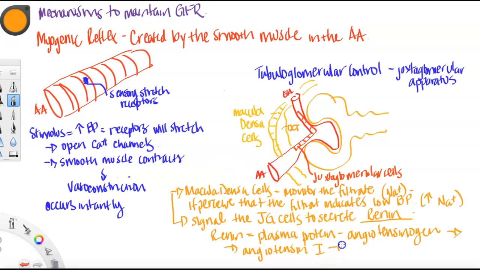Angiotensin I, if it can come into contact with an enzyme called ACE, then it will become angiotensin II. And this is the one that we care about. Okay, so I'm going to come back over here and we'll talk about angiotensin II.